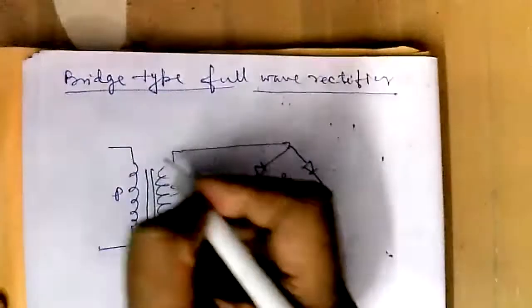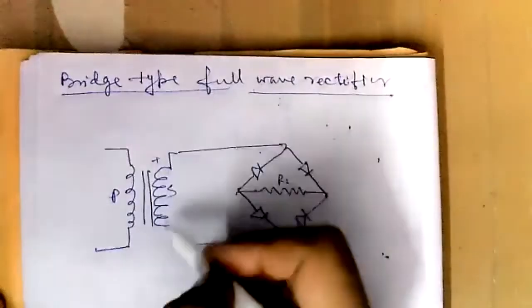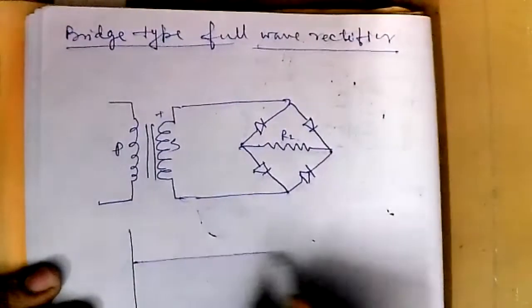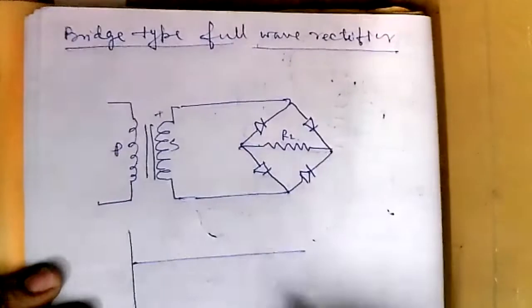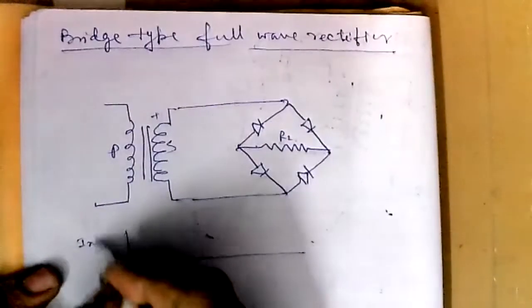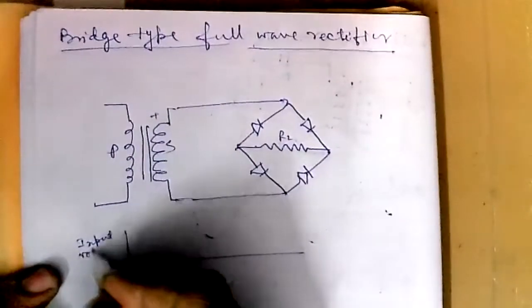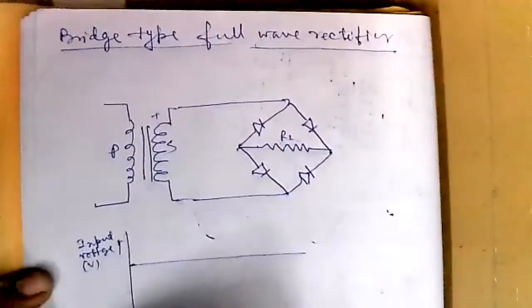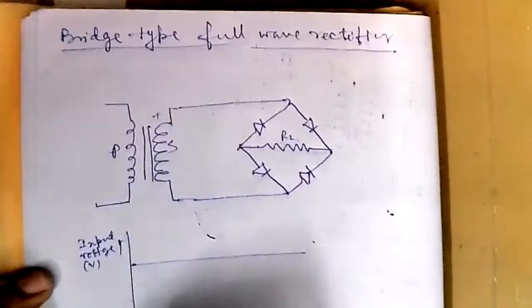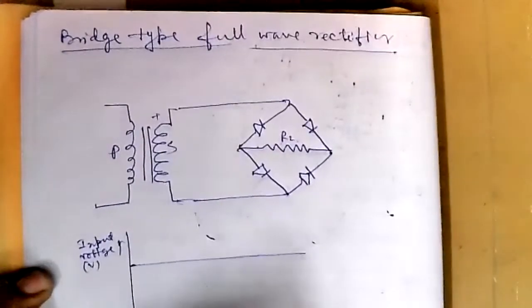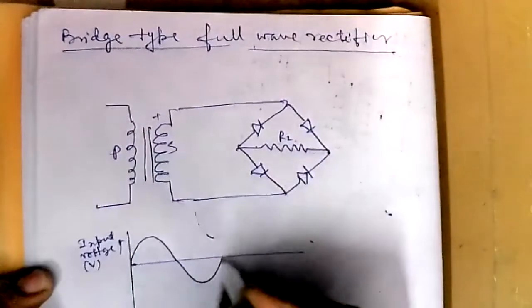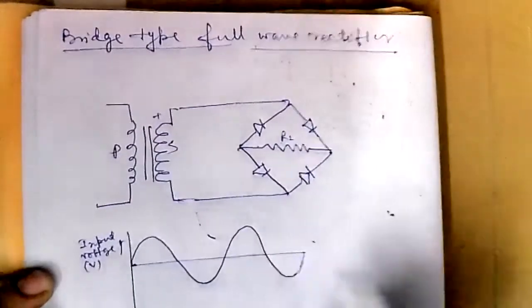So during the first positive cycle, this is my input voltage.